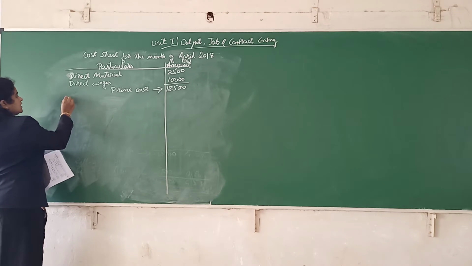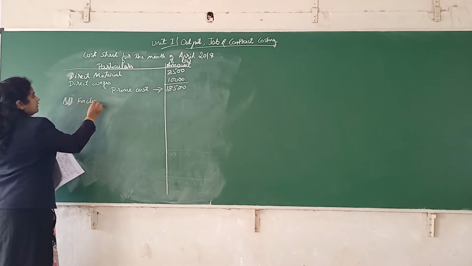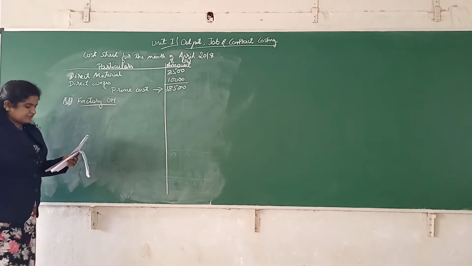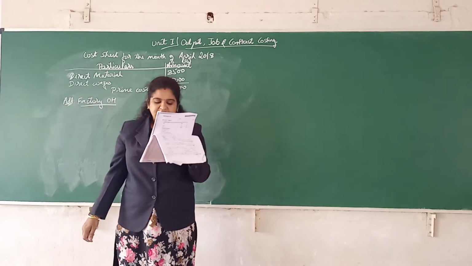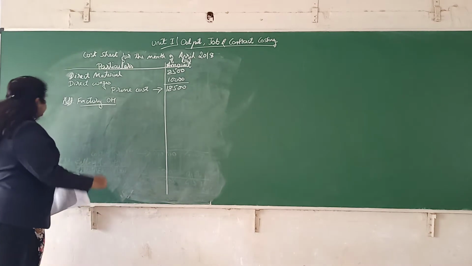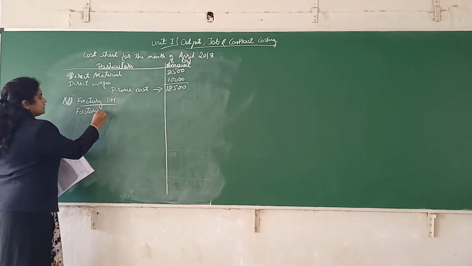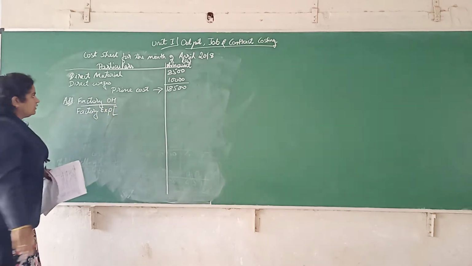Next is add factory overheads. So factory overheads, what they are given? Factory expenses 50% on wages.